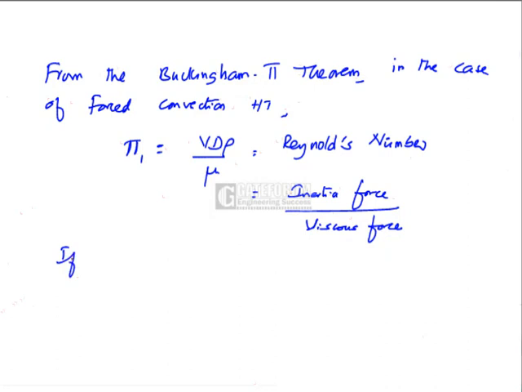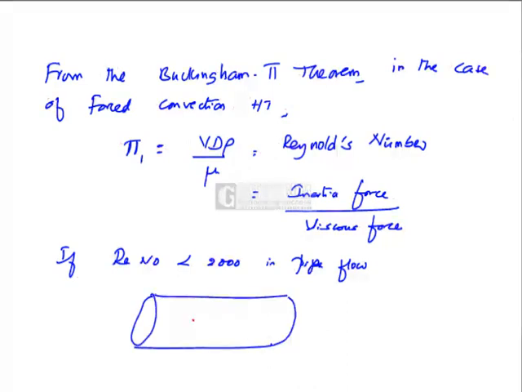If Reynolds number is less than 2000 in pipe flow, like this, V is the velocity, D is the diameter, rho is the density, mu is the dynamic viscosity. If the Reynolds number is less than 2000 in pipe flow, then flow is considered as laminar flow.